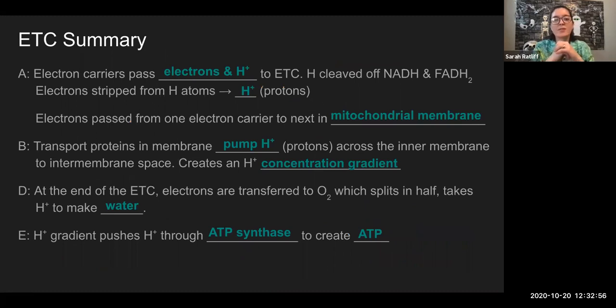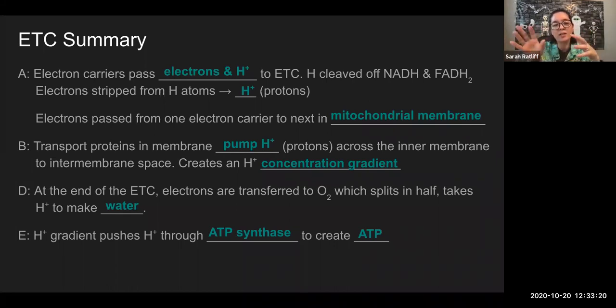I'll leave this here for those of you who are doing the notes. The electron carriers are passing electrons and hydrogen ions to the electron transport chain. So we're going from the Krebs cycle to the ETC. The hydrogen is removed from the NADH and FADH2, and so that releases the electrons and those H+ ions.